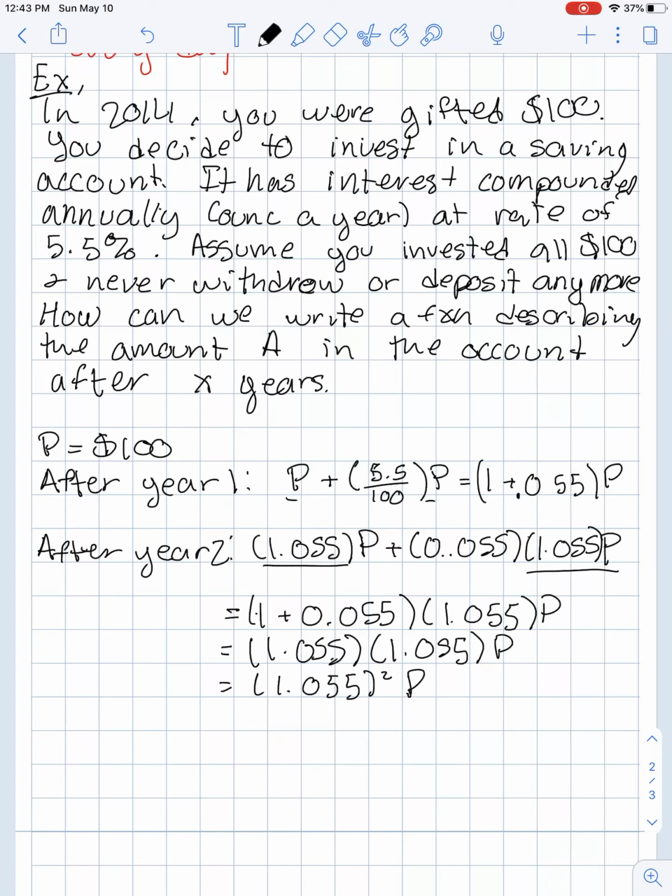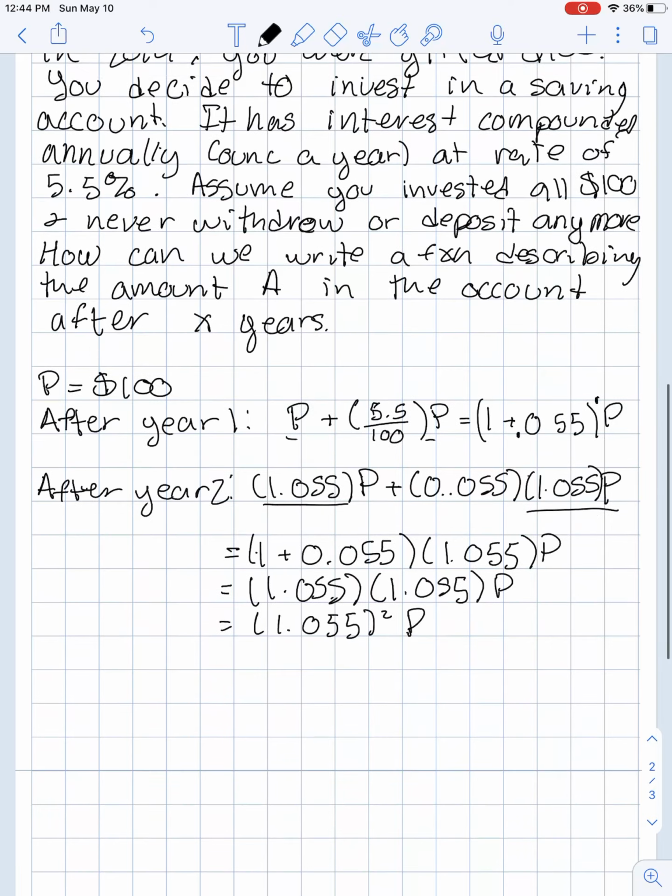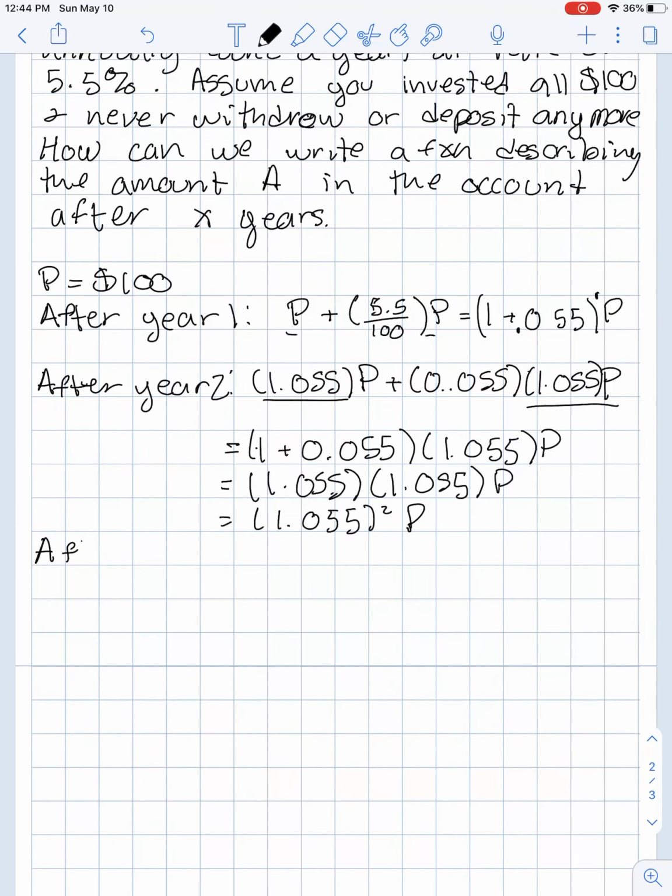If you see a pattern, after 1 year, I have 1.055 to the first power P. After the second year, I have 1.055 squared P. So after year x, we'll have A equal to 1.055 to the x power times P. Since P was 100, I can write it as 1.055 to the x times 100.